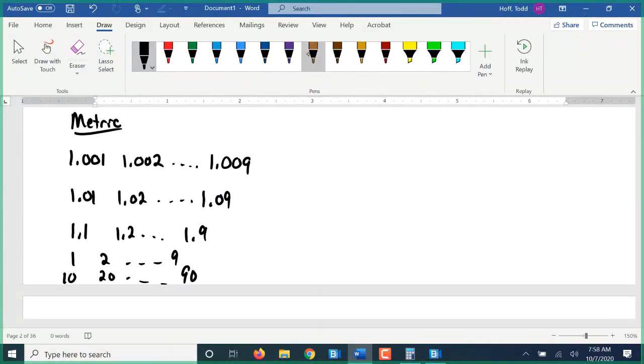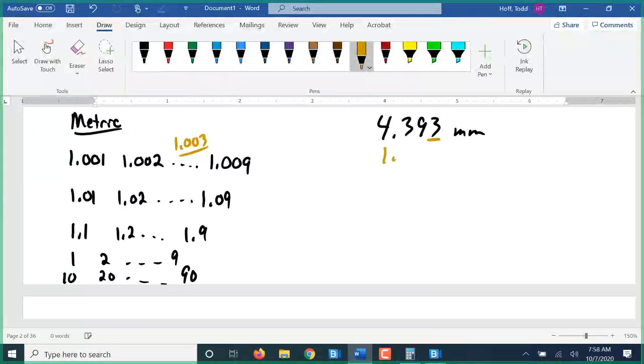So if I want to build a measurement like 4.93 millimeters, we do the same thing. We start with the 3. Well, there's a 1.003 here in that first series. That gets rid of the 3. We're at 3.390.